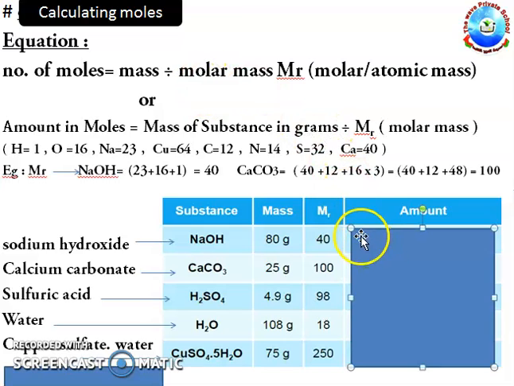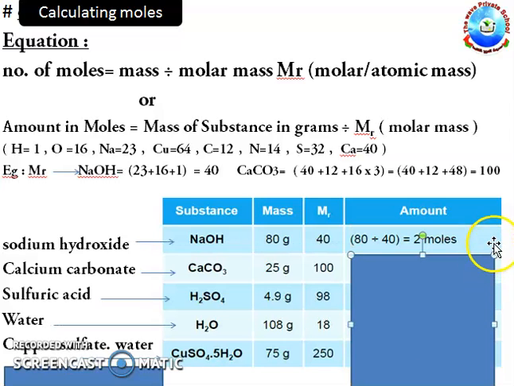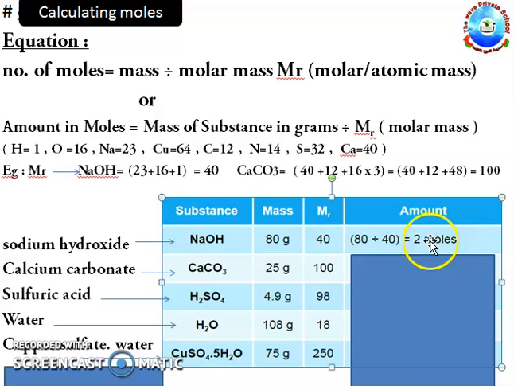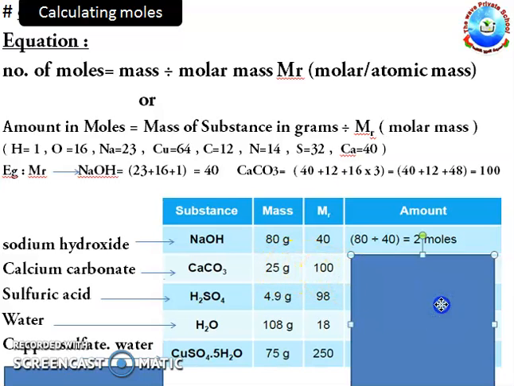Come on, calculate it and tell me. 80 divided by 40. You got the answer? That is 2 moles. Now see, we are calculating moles. Very good. Now come on, fast, do it for the second one. 25 divided by 100. What will be the answer?